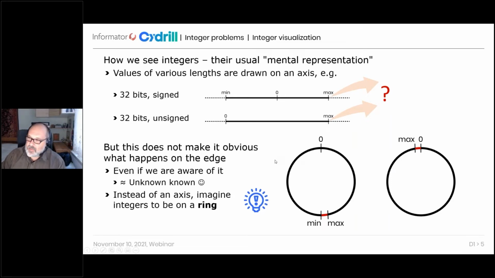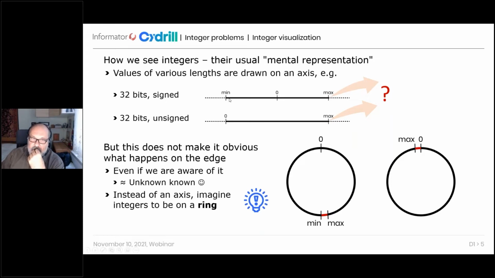So this is my first suggestion here. And this is something we also suggest in real life teaching and classes, to persuade developers to imagine integers on a ring. Don't think about an axis when you have to think about numbers, but just switch your mind into the ring.